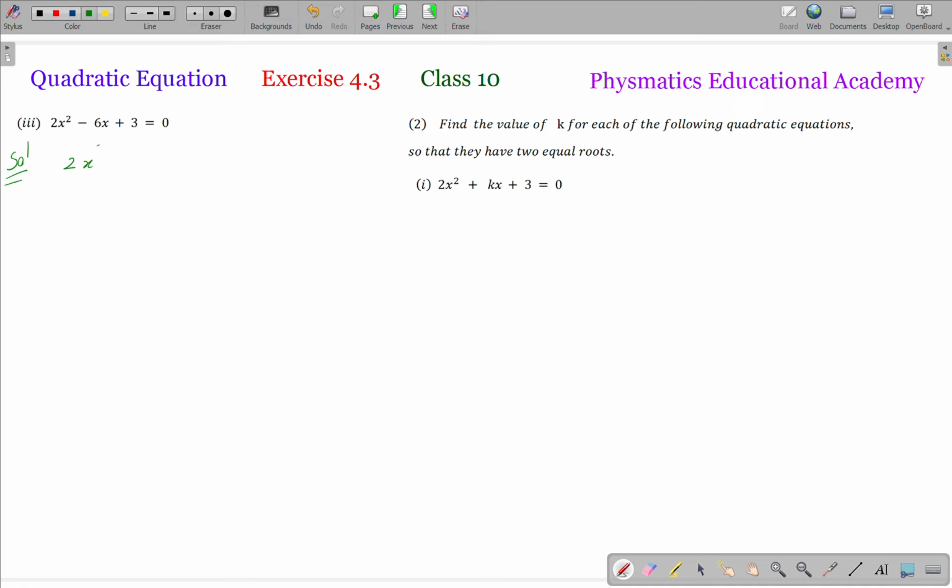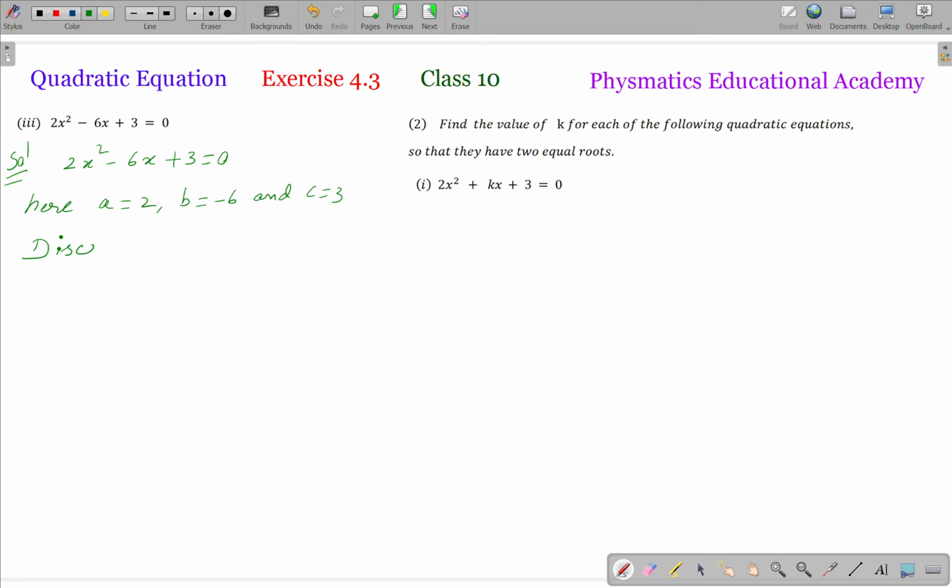This is the solution. 2x square minus 6x plus 3 is equal to 0 is the given quadratic equation. Here a is equal to 2, b is equal to minus 6, and c is equal to 3.